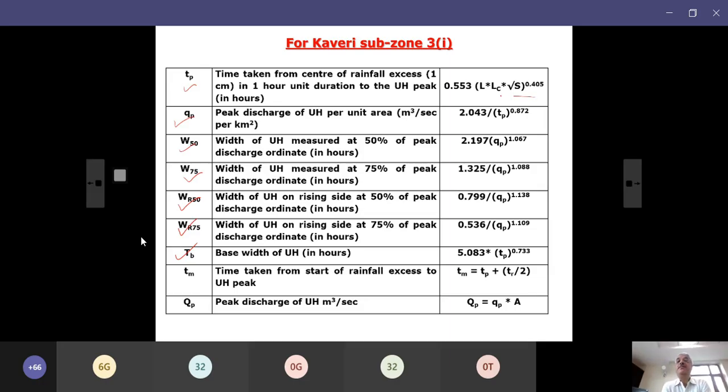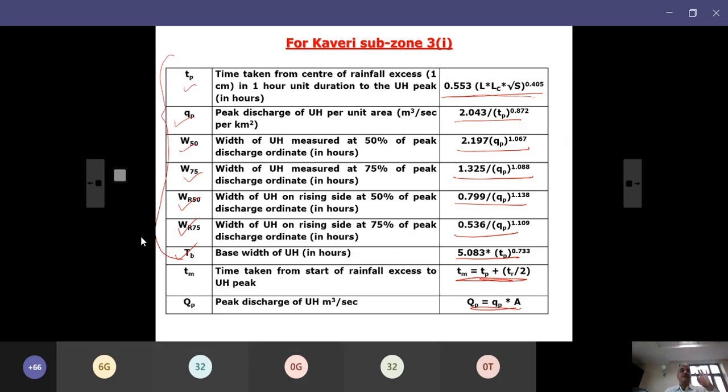TP based on L, LC into S, then QP based on TP, then W50, W75, WR50, WR75, and TP. And TM will be TP plus TR by 2, and QP will be small qp into A. So basically 7 basic equations are there, and the other 2 are derived equations.